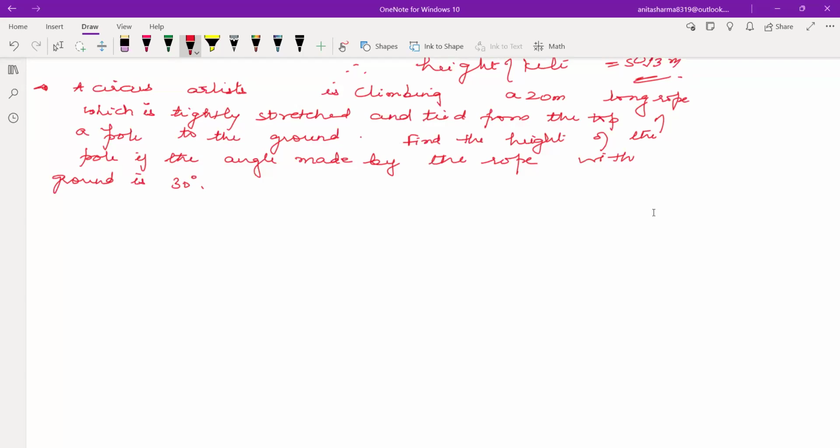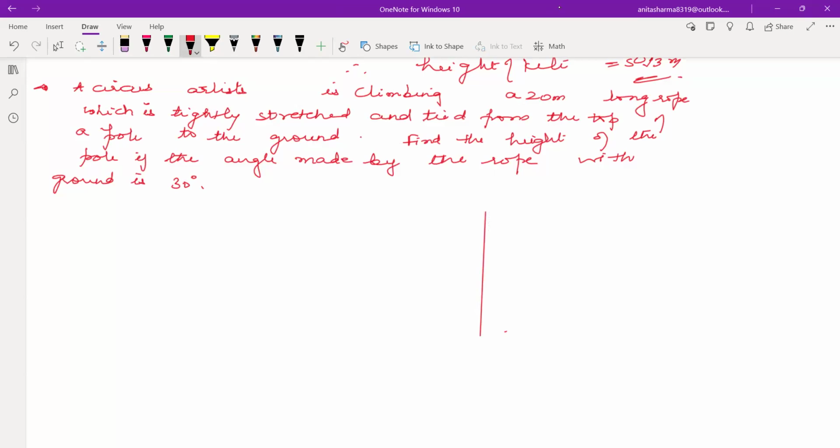Can you draw the diagram? Yes. See, a circus artist is climbing a long rope which is tightly stretched from the top of a pole. So the pole will stand vertically on the ground, right?